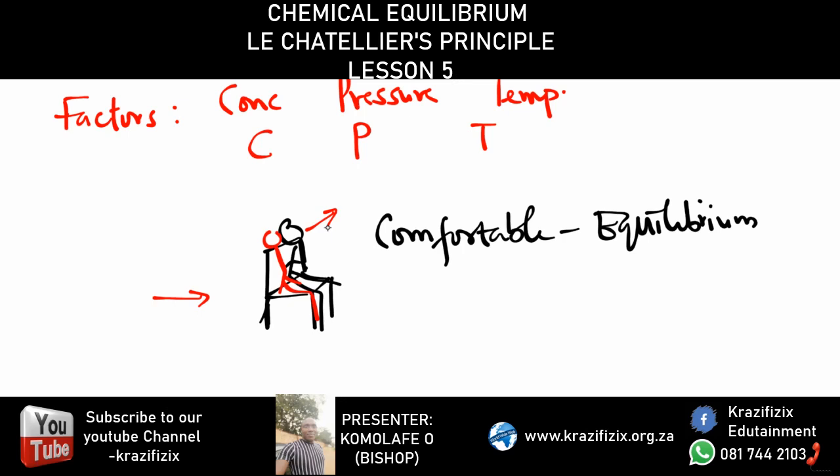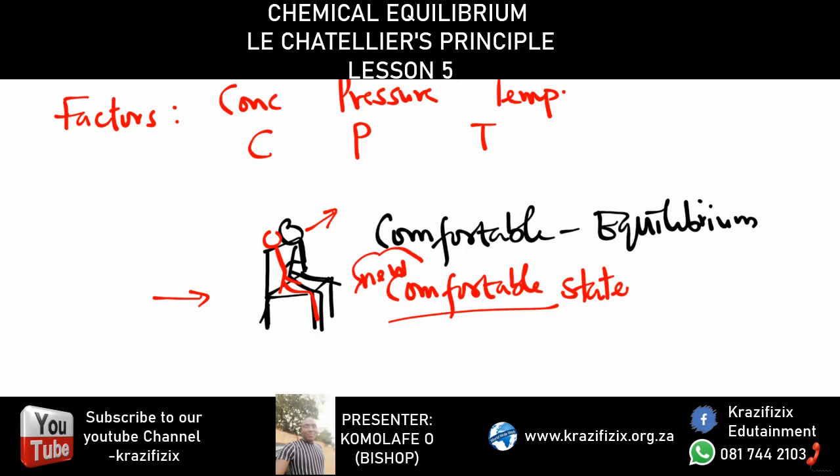All right, the word opposite. And they will adjust onto a point where both of them are now comfortable again. So the change is not comfortable, but they will adjust until they find a new comfortable state. So there is a disturbance, but the system will behave in such a way that it will find a new spot of being comfortable.